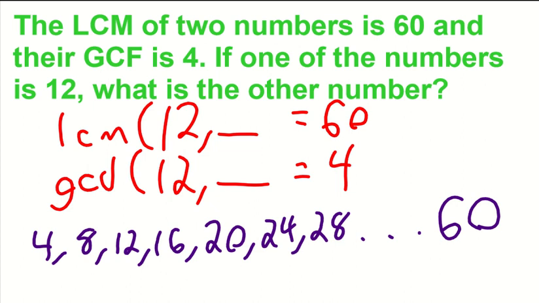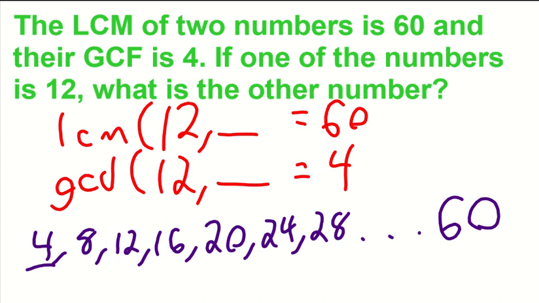All right, does 4 go into 60? Yes, no? You can always check with division. 60 divided by 4, 15. So 4 would be a possibility. If I do the least common multiple, though, of 12 and 4, that's not 60. Least common multiple of 12 and 4 would be 12.